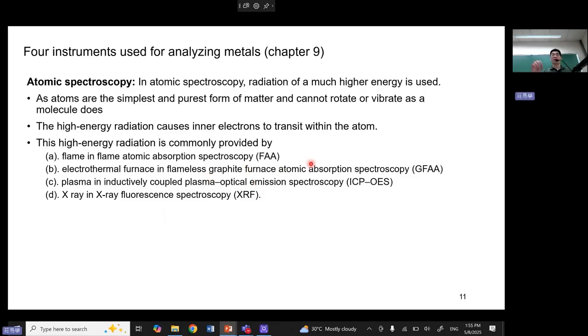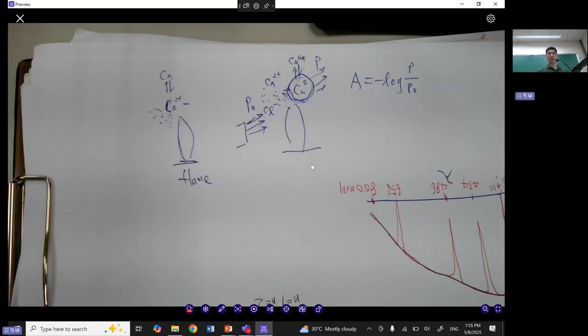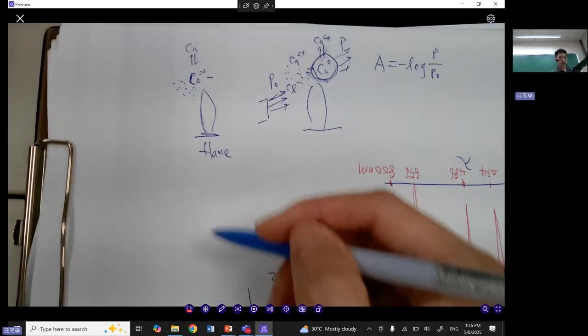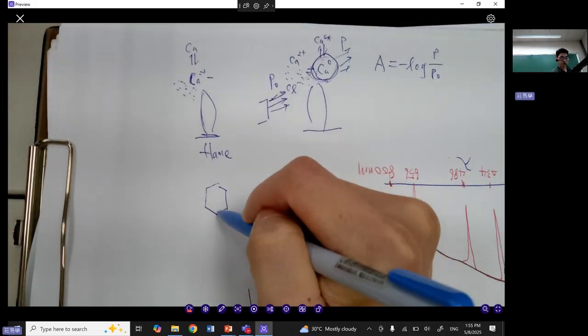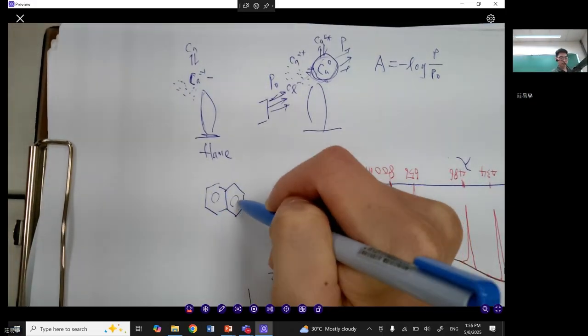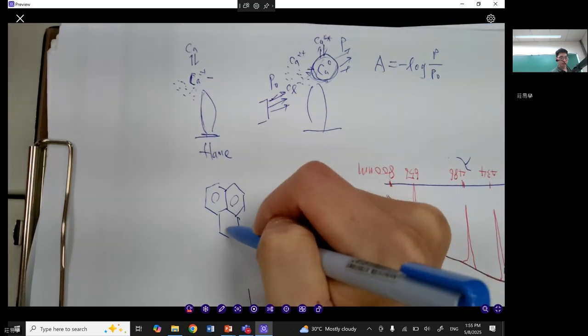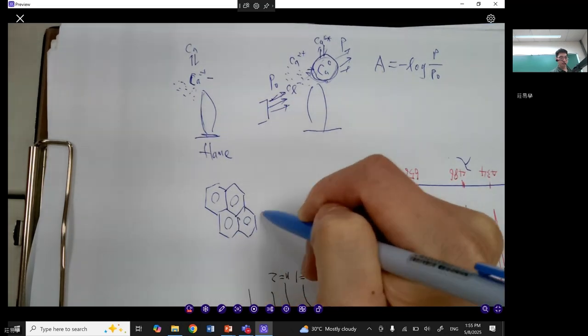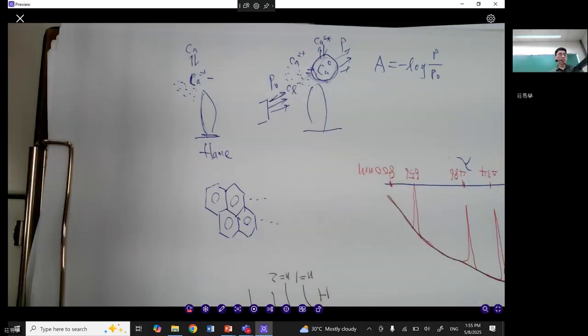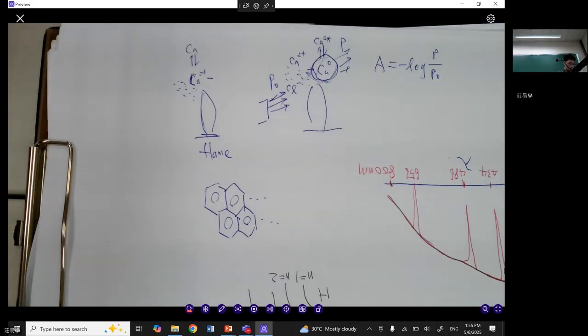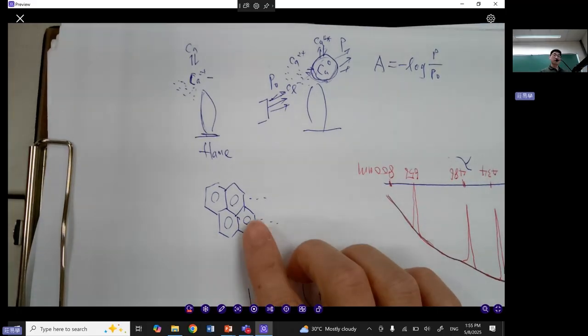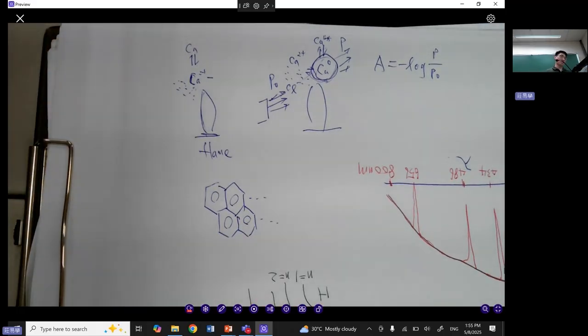We know the structure of graphite is like this. That's the structure of graphite, and basically it is conductive.